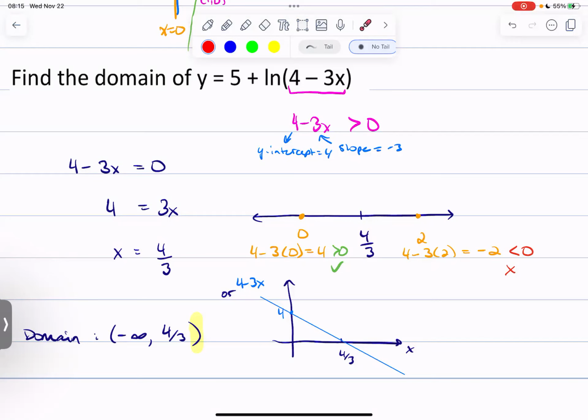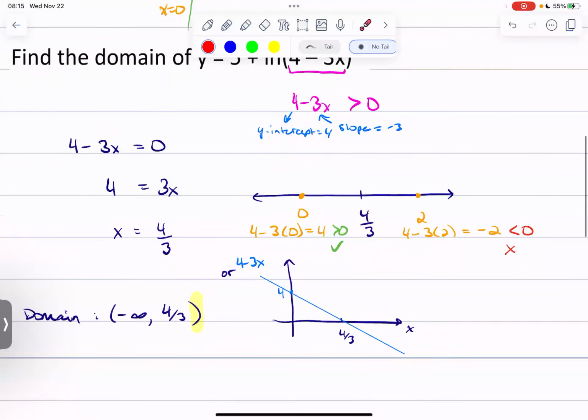Oh, so I added the 3x over here to get rid of the negative. And so that would be the difference. Yeah. No worries. Okay.